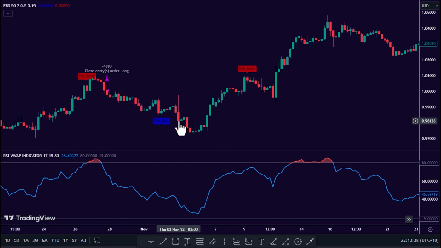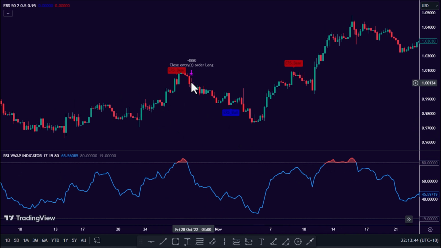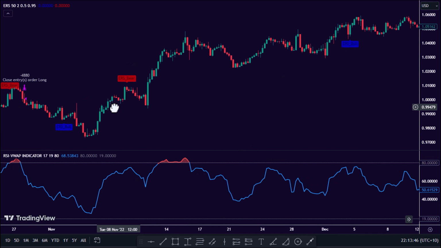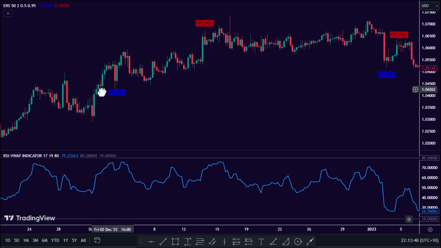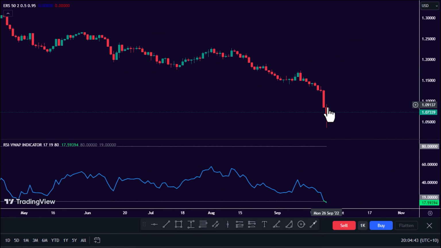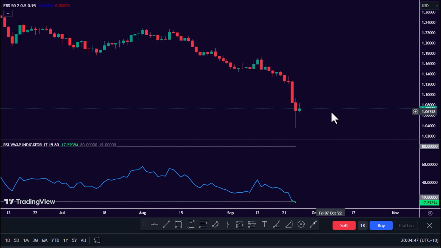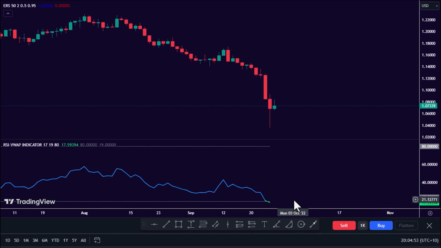How can we develop a trading strategy with the RSI VWAP indicator plus extreme reversal setup price action indicator? To generate a bullish trading strategy, Step 1. Look for a bearish swing on the price chart. Step 2. Look for oversold conditions on the RSI VWAP below 30. Step 3.